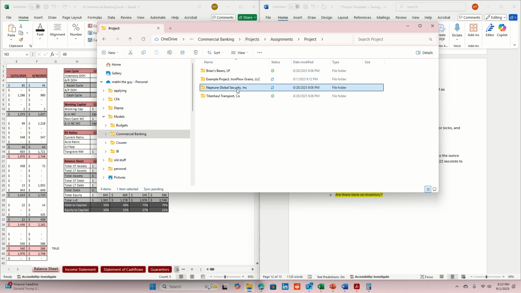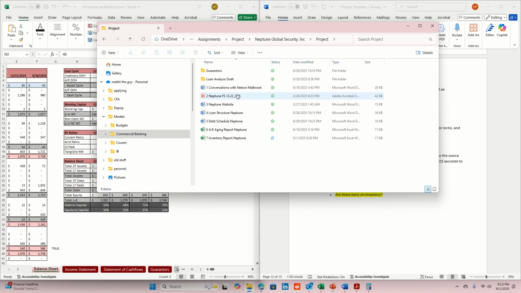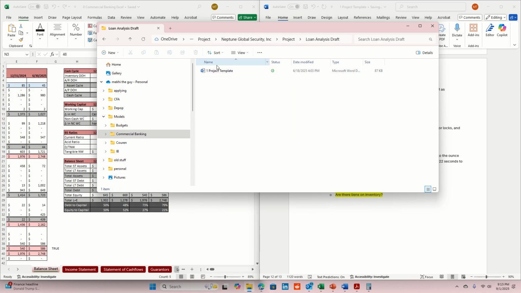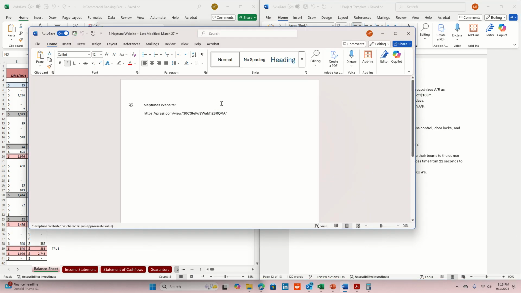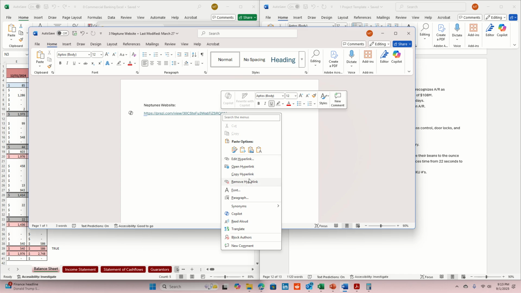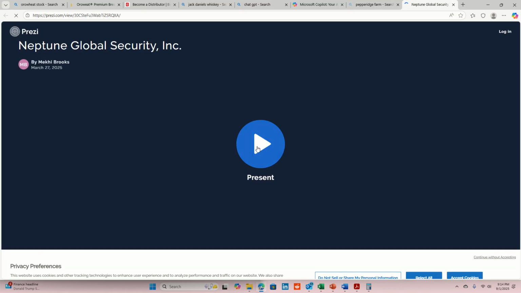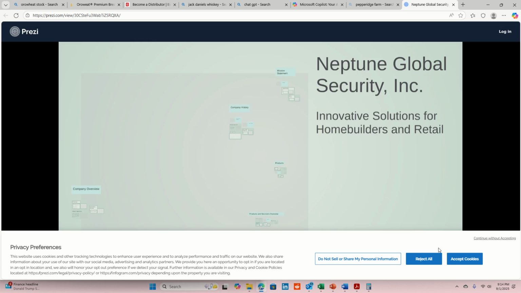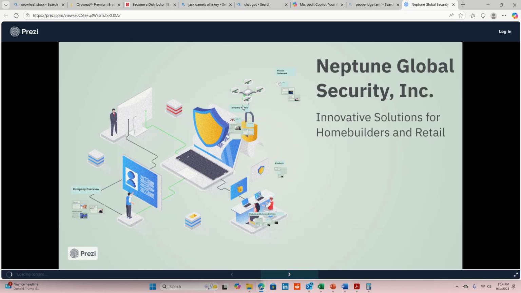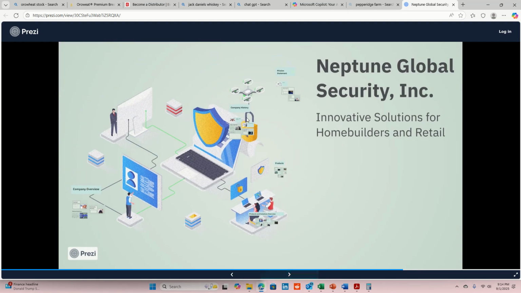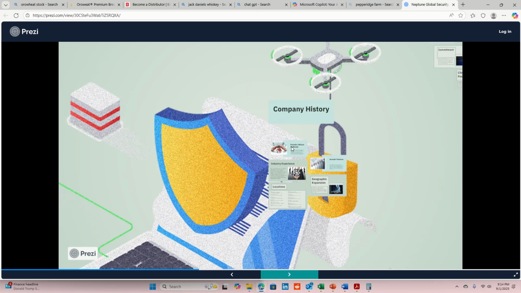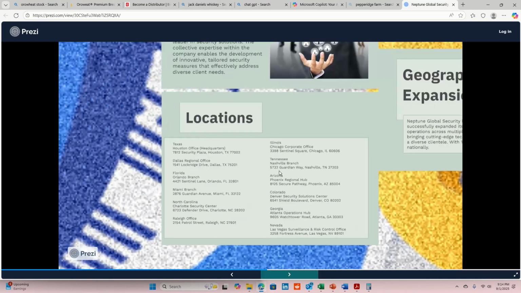So project Neptune Security. Remember, this is the one that I'm using as the example. So if you have this one, it's going to save you some time. You're going to go to the Neptune website. We're on the company website: company history, mission statement, overview, products and solutions, growth timeline, locations, here we go.